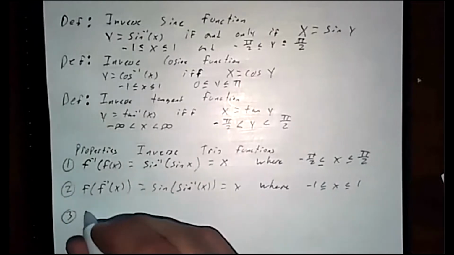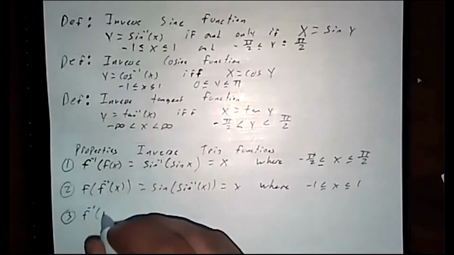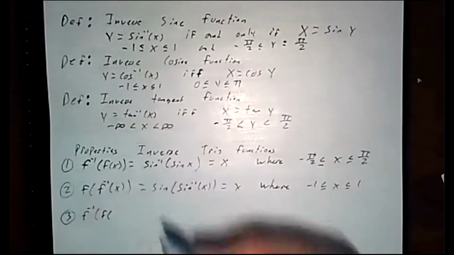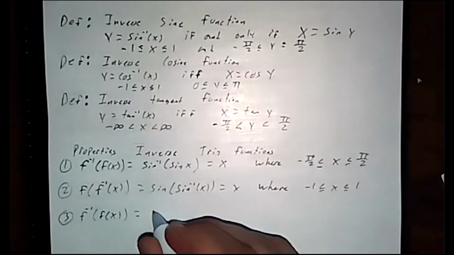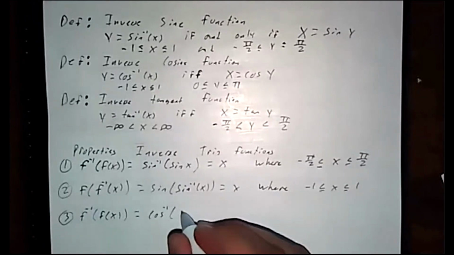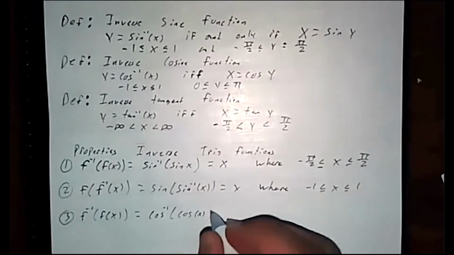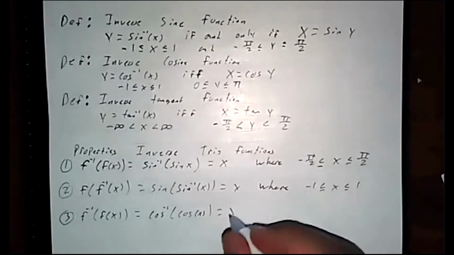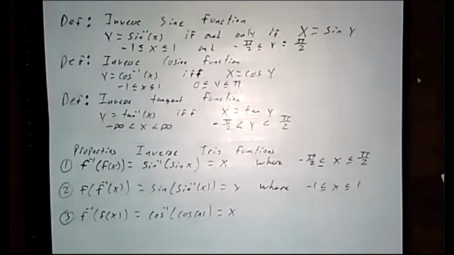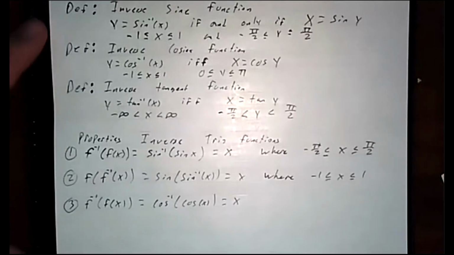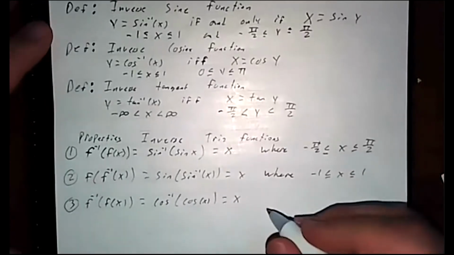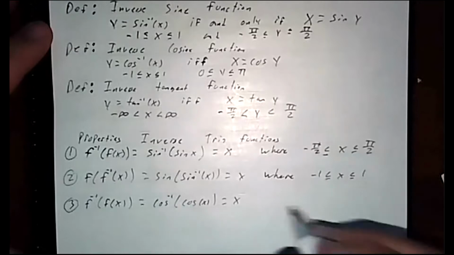Cosine, so f inverse of f is equal to cosine inverse of cosine, and that's equal to x, but only if x is between 0 and pi.